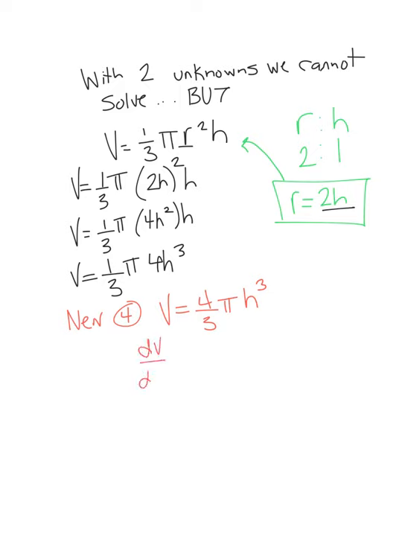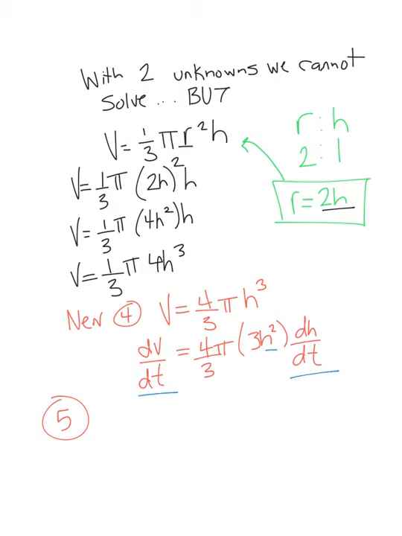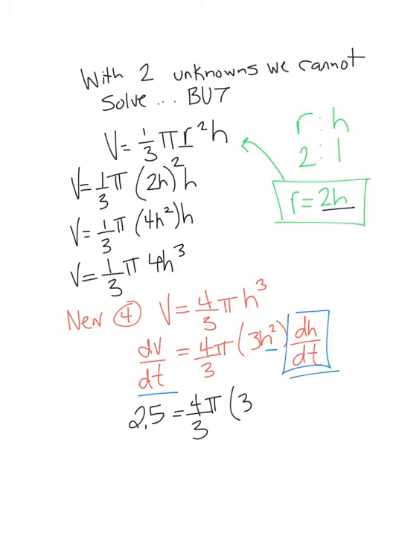Now when I go ahead and derive this, I'm getting dV/dt is equal to 4/3 pi times 3h squared dh/dt, and now I'm able to go to step number 5 and plug in all of that information that I know. So I can go ahead and plug in that information. dV/dt was 2.5. 4/3 pi times 3.